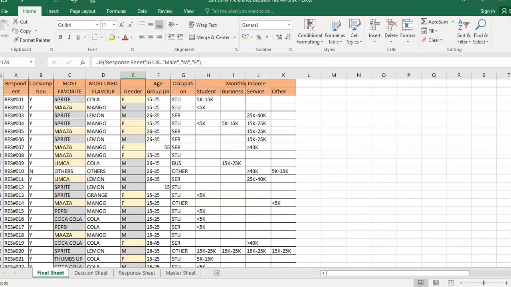The second variable was the most favorite brand that he or she likes. The third variable was most liked flavor.